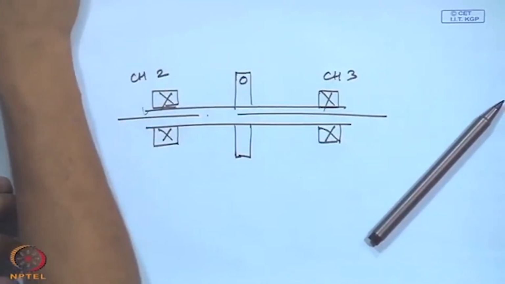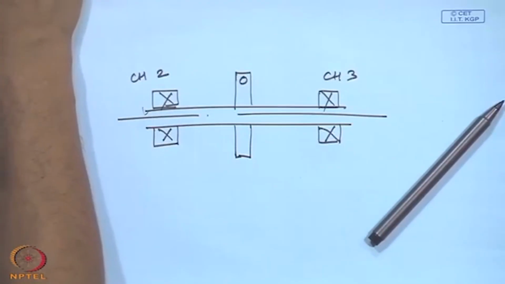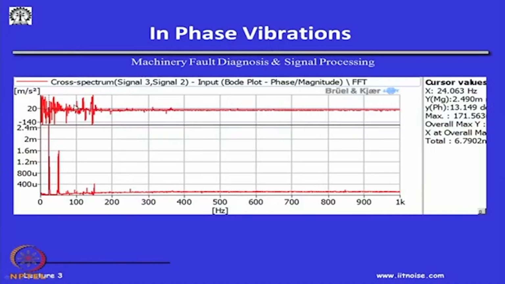Okay. And if I look here, this is the in phase vibrations, and the top plot is the cross spectrum. Okay. Cross spectrum establishes the delay between each other. In this case, we have the phase and the magnitude. Most important is the phase here, and this was rotating at 24.06 hertz, close to about 1440 rpm.